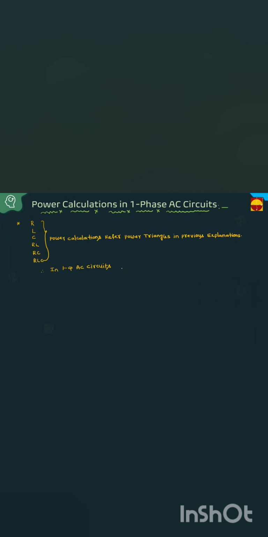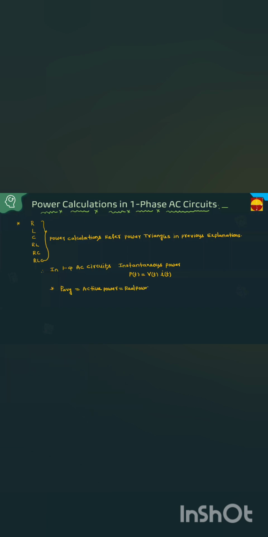In single phase AC circuit, how to write instantaneous power? The instantaneous power, that is p of t equal to v of t into i of t. This is instantaneous power. Then how to write the average power? The average power is equal to active power, which is also equal to real power.